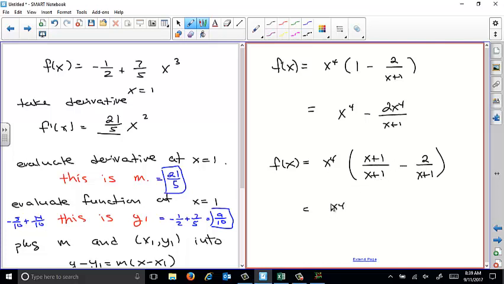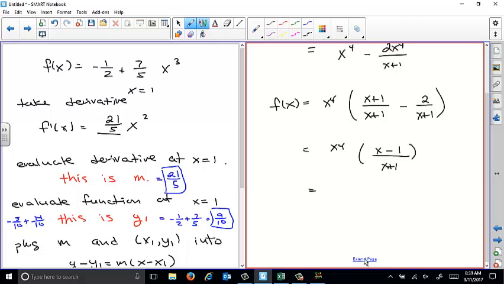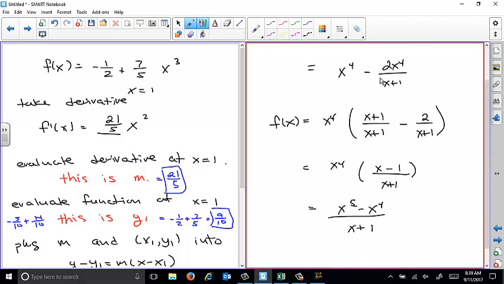So that'll be x minus 1 in the numerator. 1 minus 2 is negative 1 over x plus 1. And then you can multiply that out, and you'd get x to the 5th minus x to the 4th over x plus 1. So there you can use the quotient rule on one term, or you can use the power rule on the first part and the quotient rule on the second part.